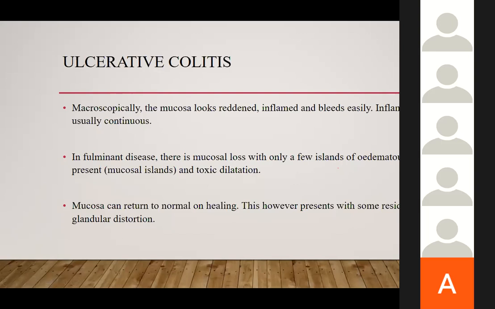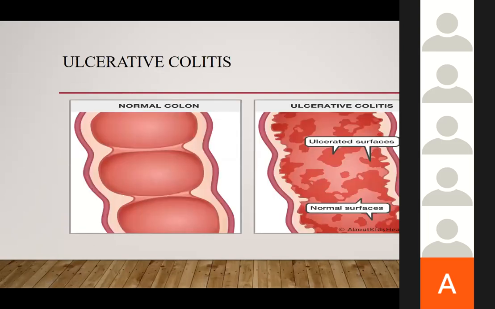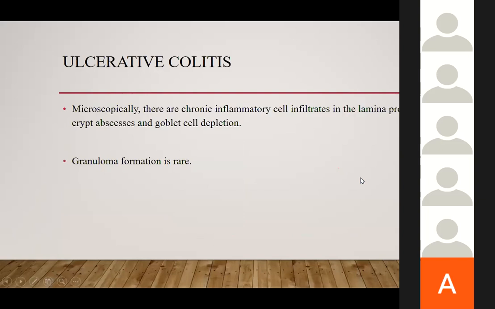However, sometimes there's distortion of the glands. If you look at this schematic diagram, you can see the outside looks fine. The problem is the inside. You can see it's all ulcerated and looks raw. Okay.